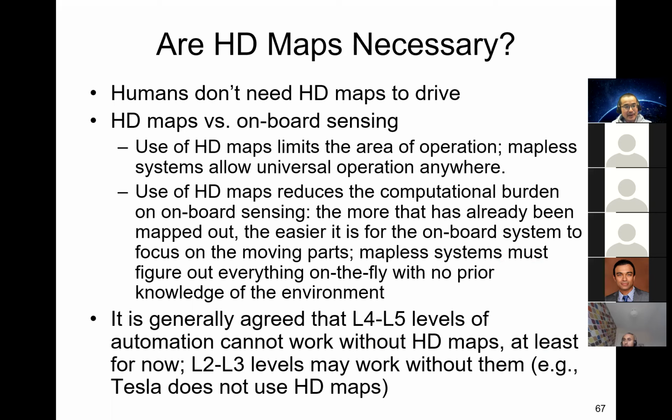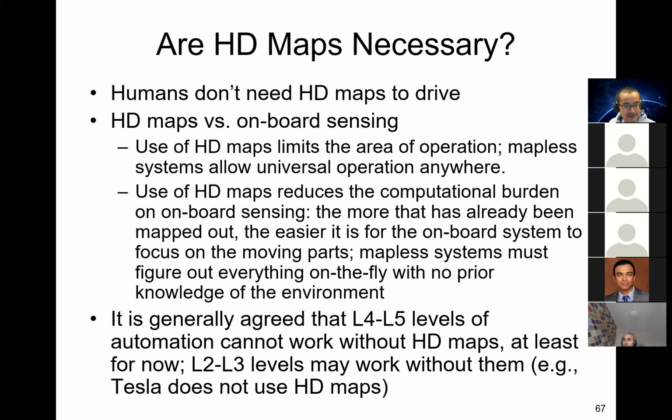So use of HD maps reduces the computational burden on onboard sensing. The more that has already been mapped out, the easier it is for the onboard system to focus on the moving parts. Whereas a mapless system must figure out everything on the fly from scratch with no prior knowledge of the environment.